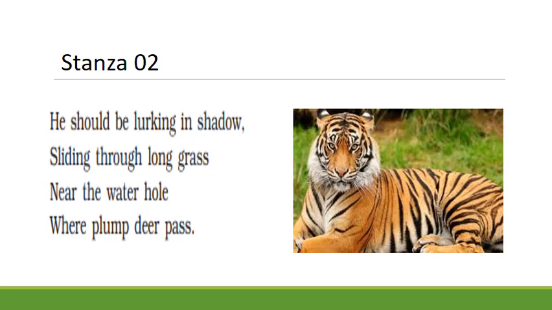So here the poet is saying that the tiger should not be inside the zoo, but it should be somewhere in the forest, hiding among the grass or shadow and looking for animals to come to drink water near the water hole, especially a plump deer. Here, plump deer pass means a fat deer that might come and drink water and go away, so that the tiger can catch it and eat.